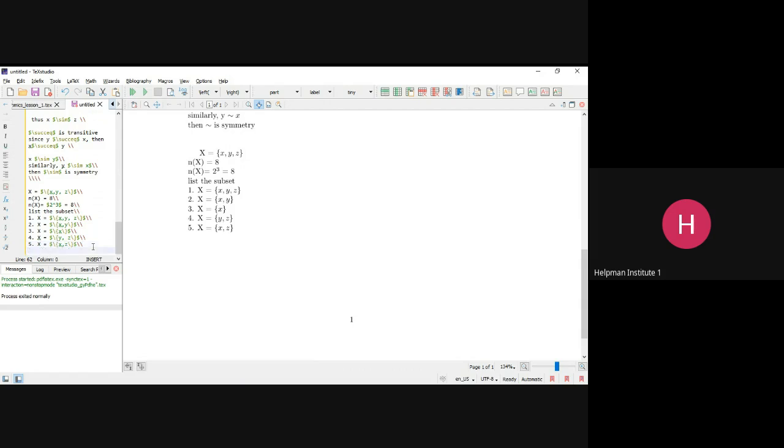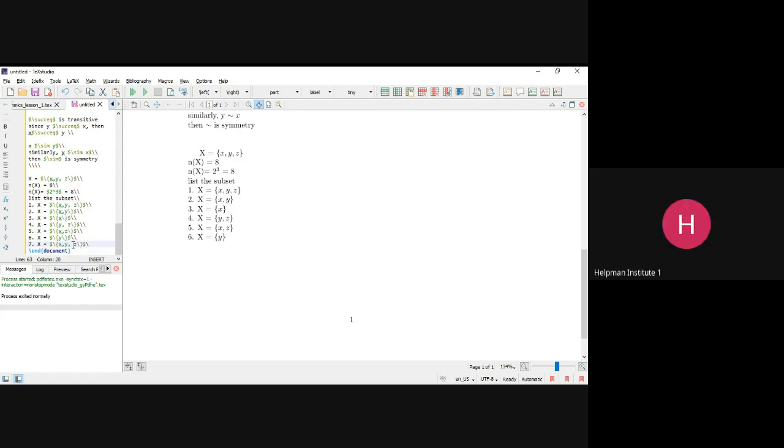What will be the sixth set we're going to have? Check very well. Is Y, the set that contains Y. Thank you very much. And what will be the seventh set that we're going to have? The set that contains Z. Thank you very much.